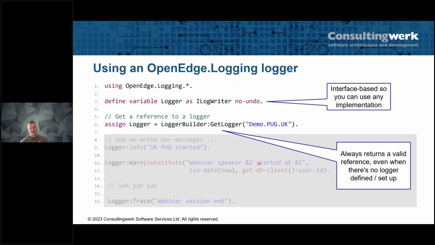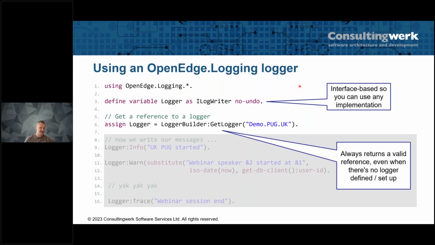A couple of things to note here. Firstly, it's interface based, which means that the component can return you anything really, as long as it meets that interface. The other important thing to note is this logger builder get logger method. This will always return you something valid. Whether or not there's a logger set up, and we'll look in a bit at how we set loggers up, you'll always get a reference.